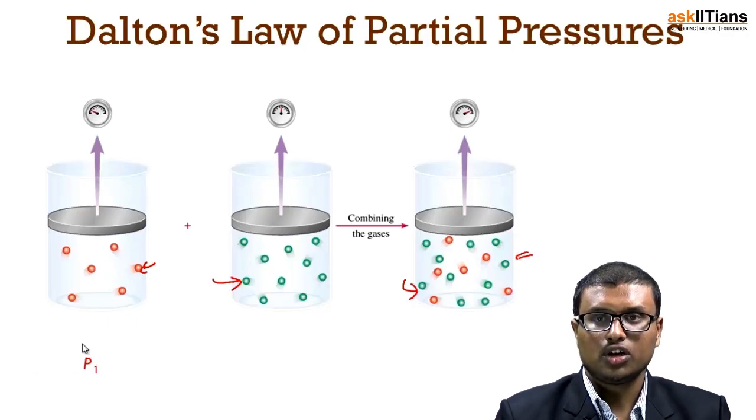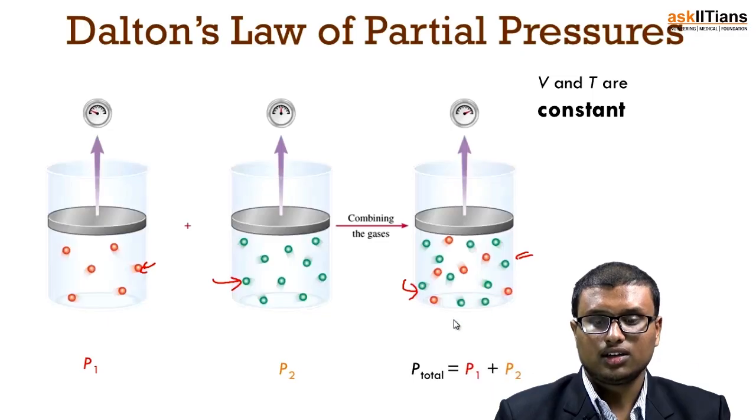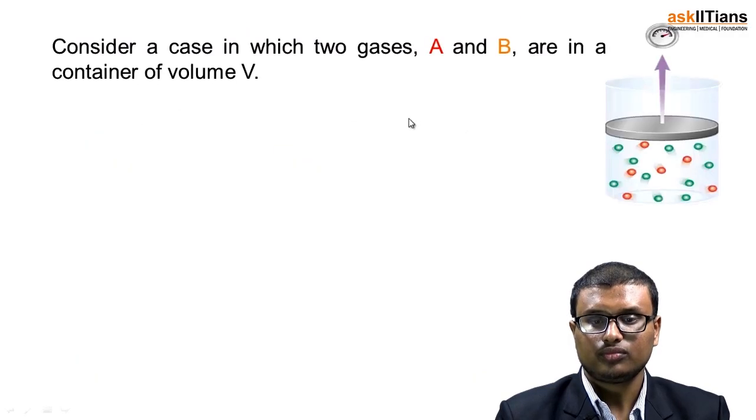Red molecules exert a pressure P1, and green molecules exert a pressure P2. If I combine these gases, the total pressure will be P1 plus P2. Remember, I have to keep my volume and temperature constant. Here both temperature and volume are constant; the only thing varying is pressure.